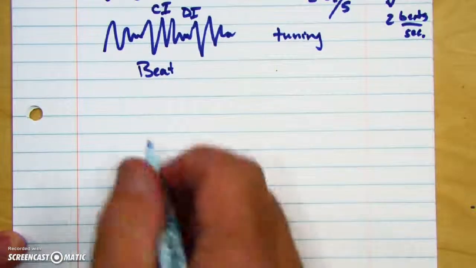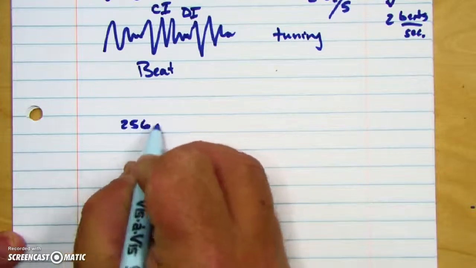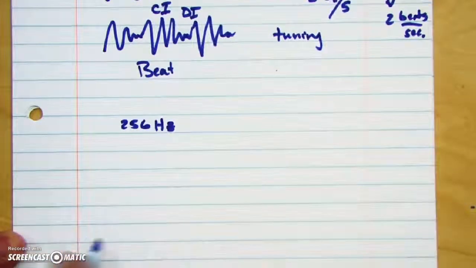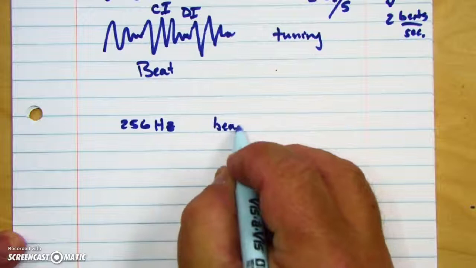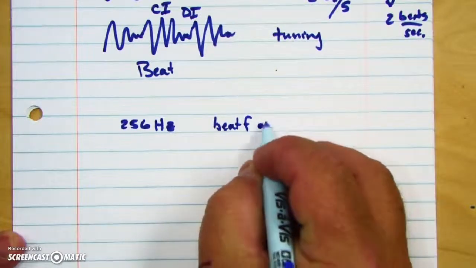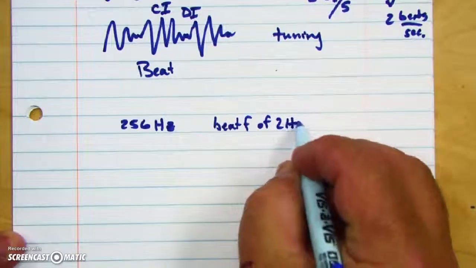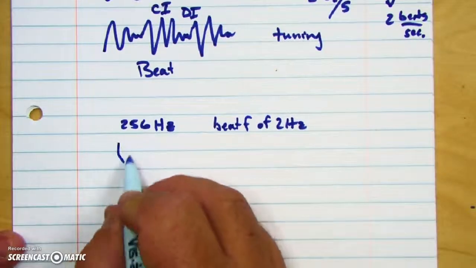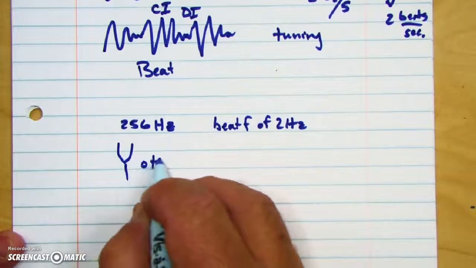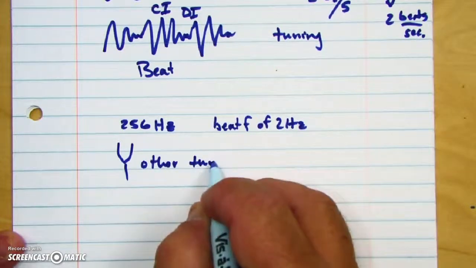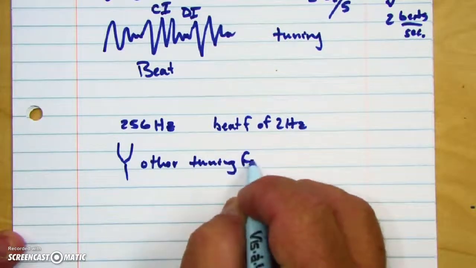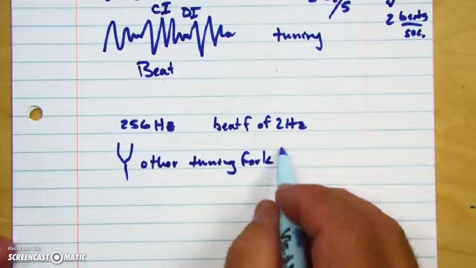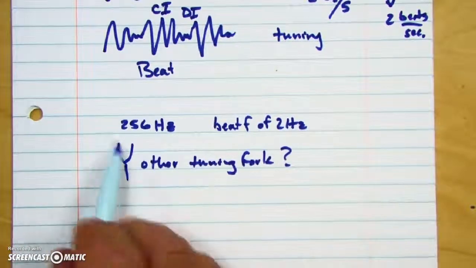Let's say I have a 256 hertz tuning fork, and what I get is a beat frequency of 2 hertz. What is the other tuning fork? So this is my given.